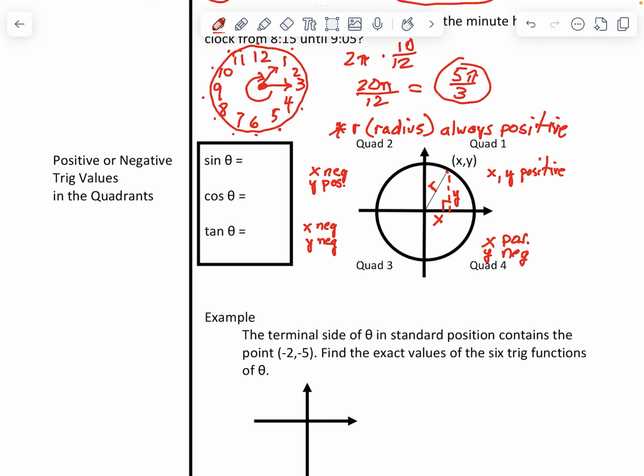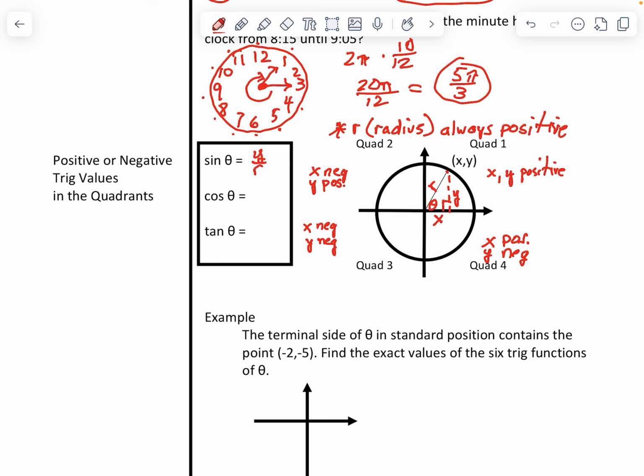All right, now let's go ahead and talk about trig functions then. If you remember with this triangle that we have here, if we call this angle with the x-axis theta, we can talk about sine, cosine, and tangent. Well, if you look at this triangle, sine of theta is going to equal the opposite side, which is y, and it's going to be over the radius because that's the hypotenuse.